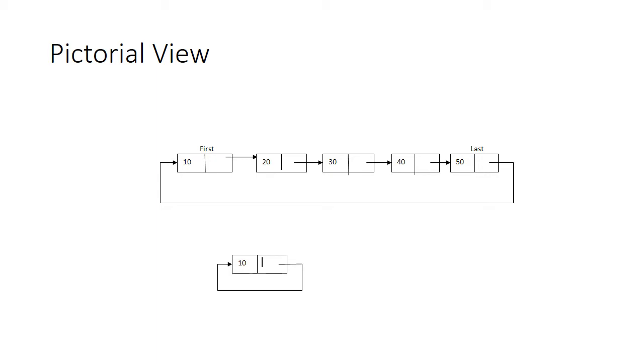Subsequently, when I start creating the next node, then again there will be a link like this. The second node pointer field will point to the first, and this will become last.